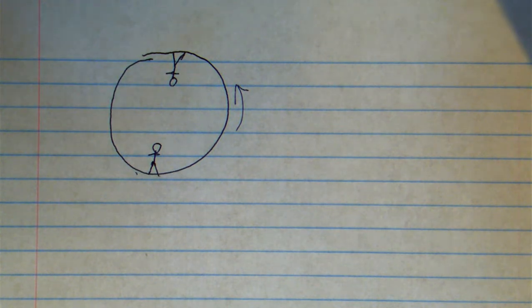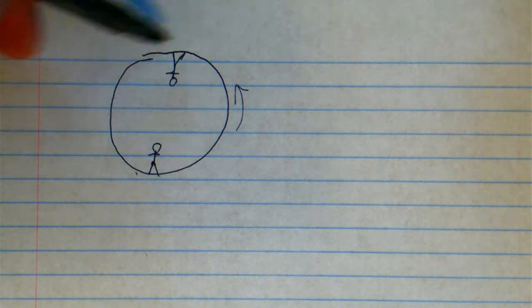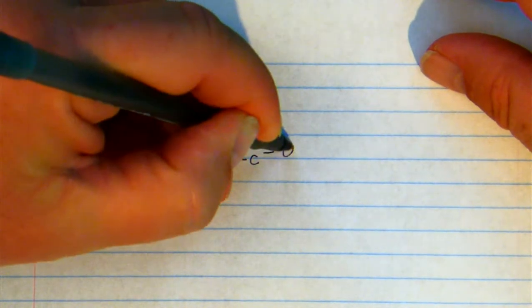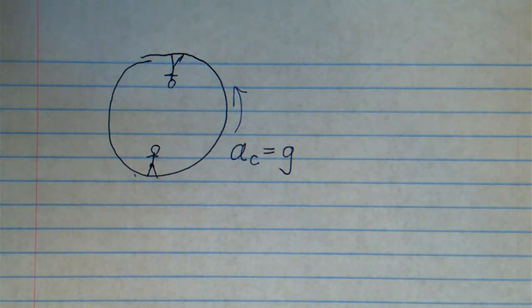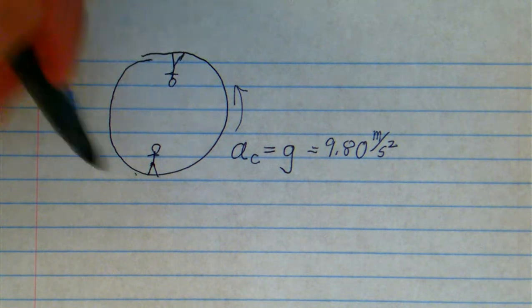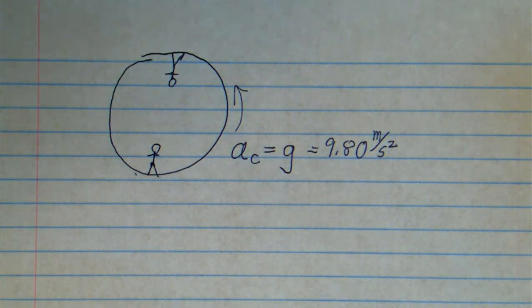In the 1970s, NASA tried to design a space station where the acceleration would be 1g, 9.80 meters per second squared. And they were worried that people would get dizzy if it spun around too fast.